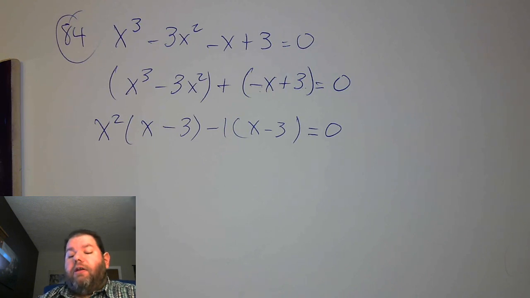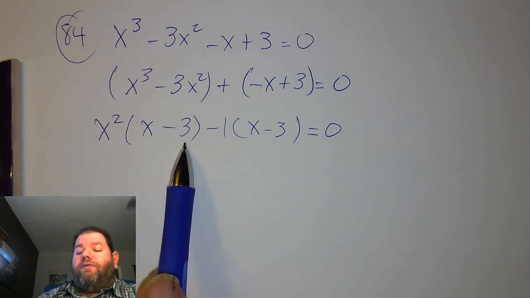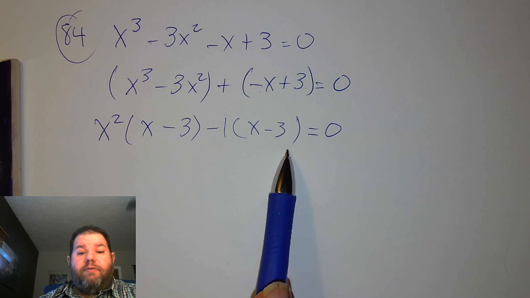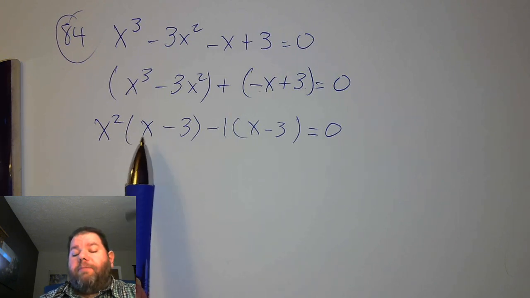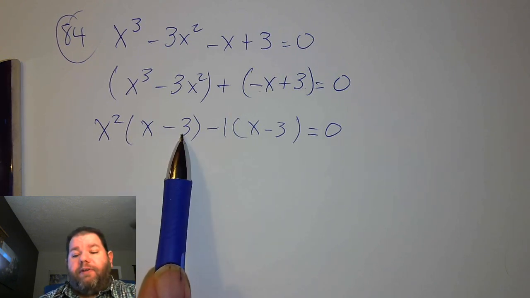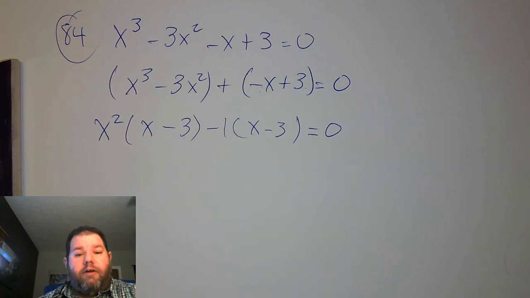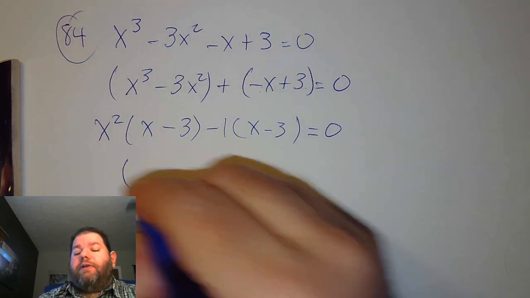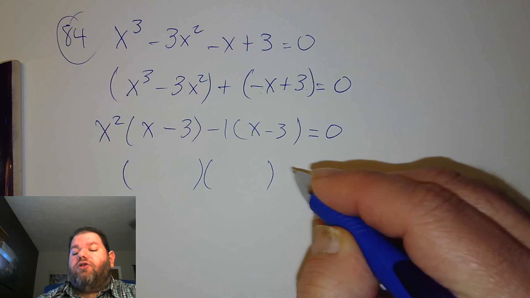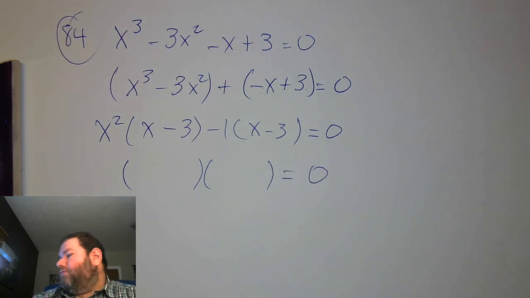Now, each of these halves of the problem has a similar binomial, x minus 3 in parentheses, in common. So what is our factorization on our last step of the factoring?